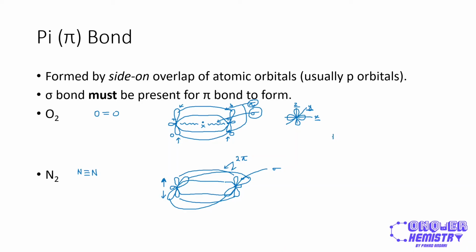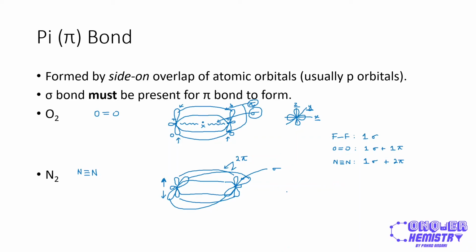So remember that whenever you have a single bond, such as in fluorine, you will have one sigma bond. If you have a double bond, for example, in oxygen, you will have one sigma and one pi bond. And in the case of nitrogen, you will have one sigma, that's always the basis, and then you will have a further two pi bonds being formed, right?